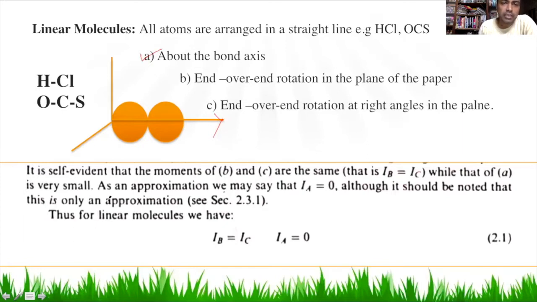Since it is rotating about the x-axis only, its value IA along the x-axis is considered to be 0. And since there is nothing to represent along the y and z axes, IB and IC will be equal. Similarly, other molecules which are not linear will be considered likewise.